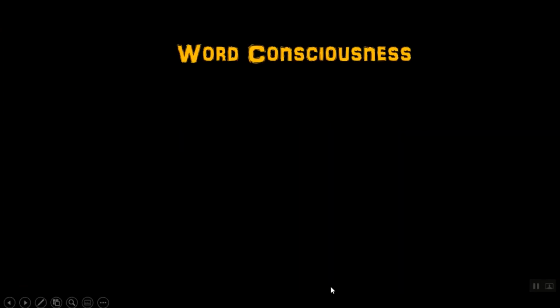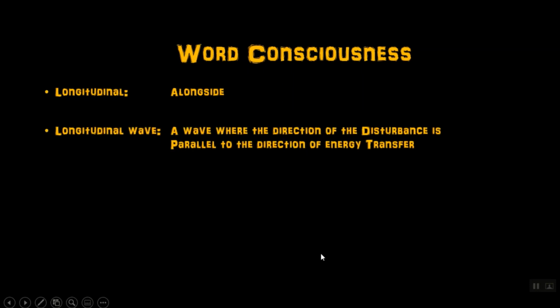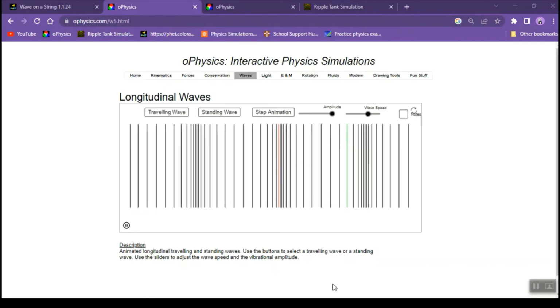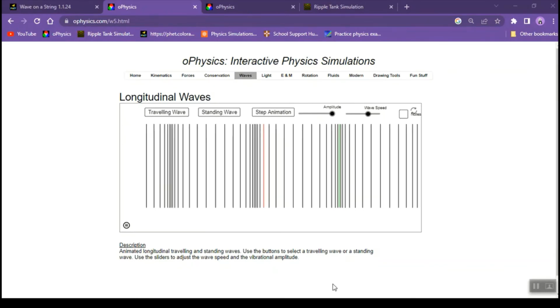Next we will be looking at a longitudinal wave. Longitudinal, the Latin meaning is alongside or parallel. So a longitudinal wave is a wave where the direction of the disturbance is parallel to the direction of energy transfer. Now in this simulation, what you will notice is a longitudinal wave.